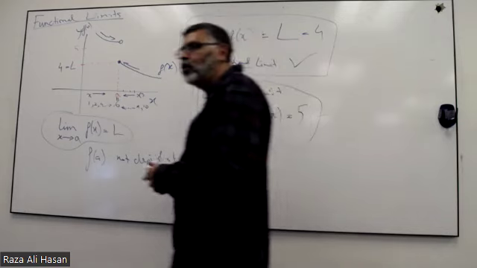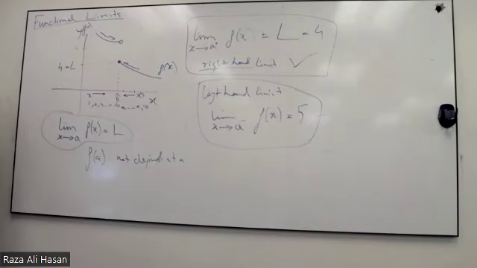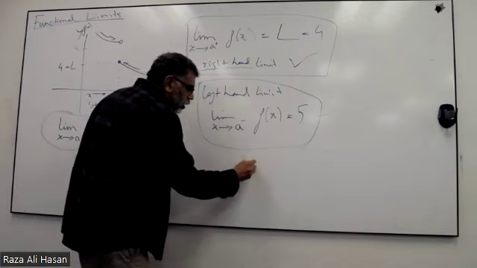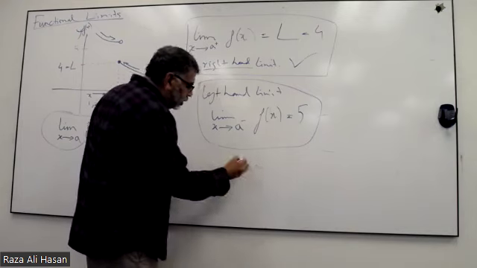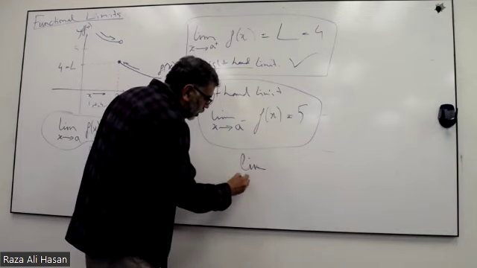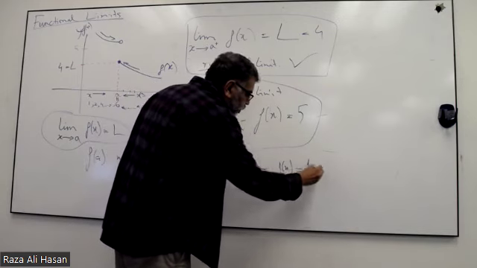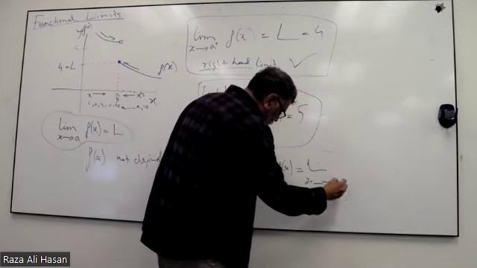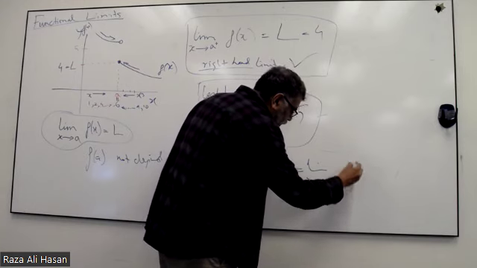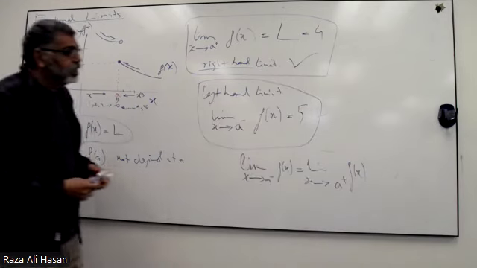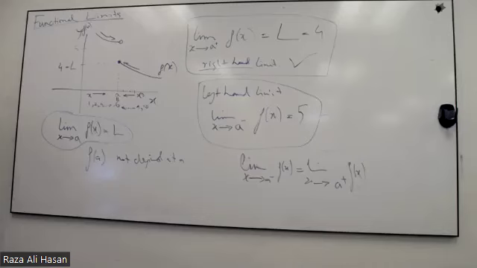And then overall, does it have a limit? And the answer is no. And what is the formula for that? The left hand limit of the function better equal the right hand limit, and then we can say that the function has a limit overall. Okay, all right. So let's move on.